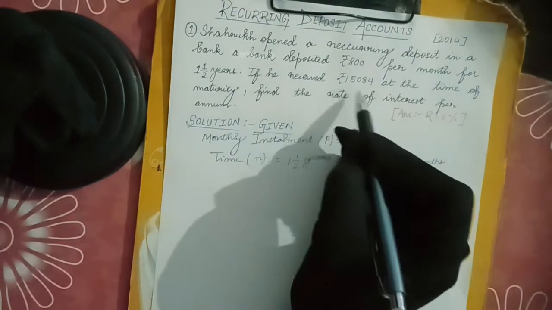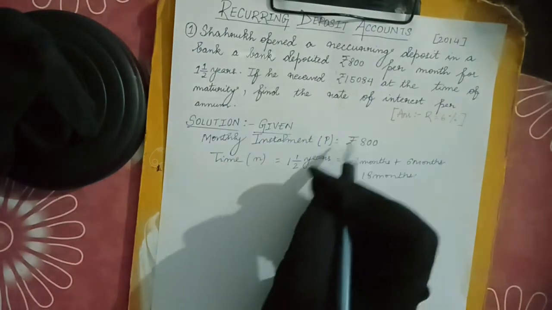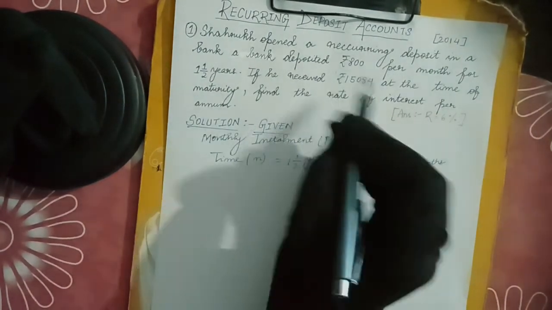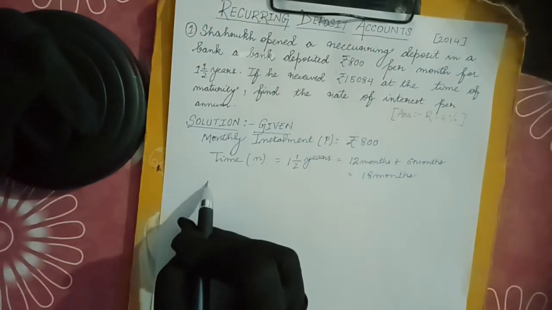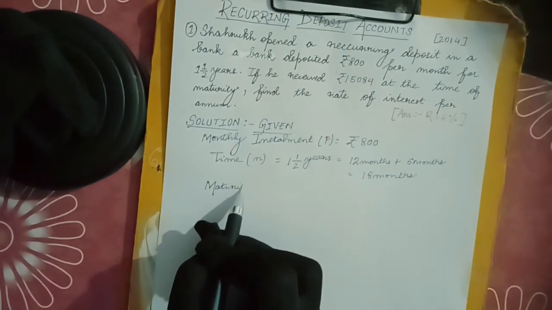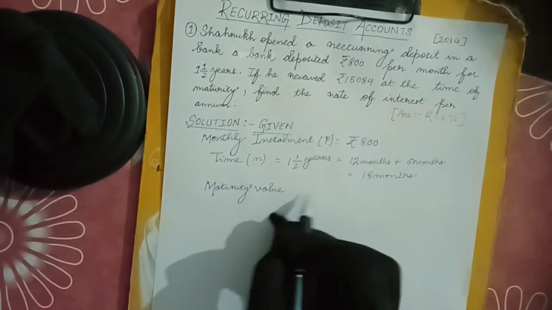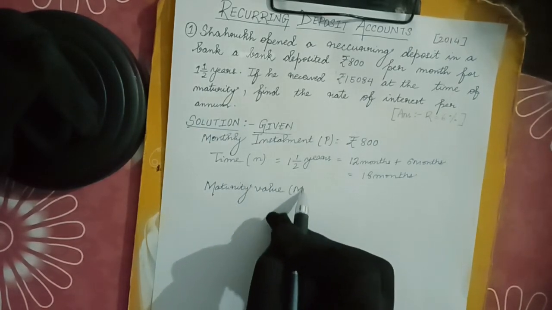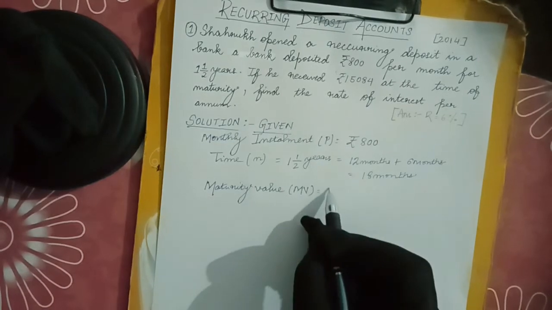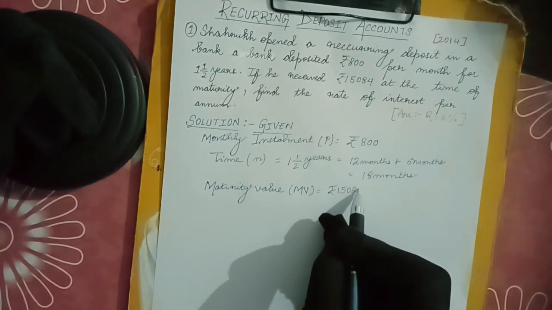So at the end, the amount of money we get is known as maturity value. So maturity value, MV, is equal to rupees 15084.